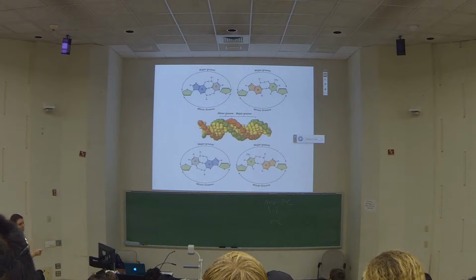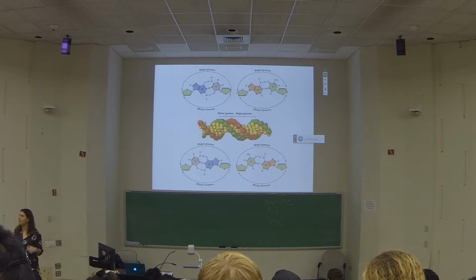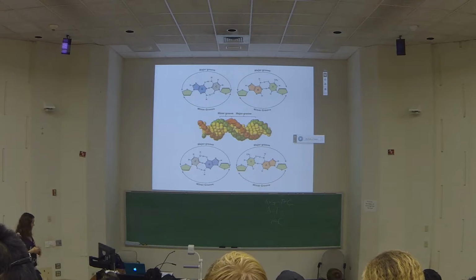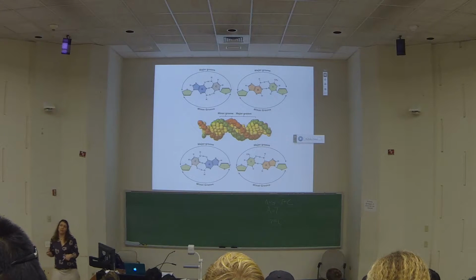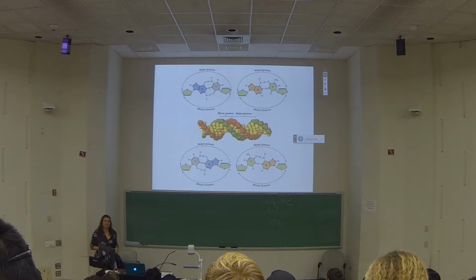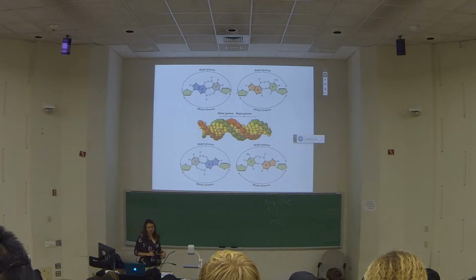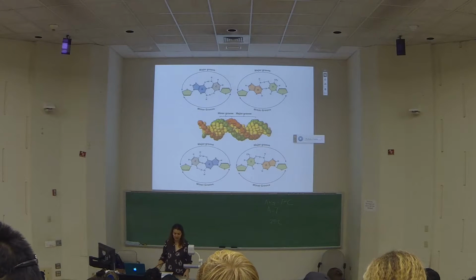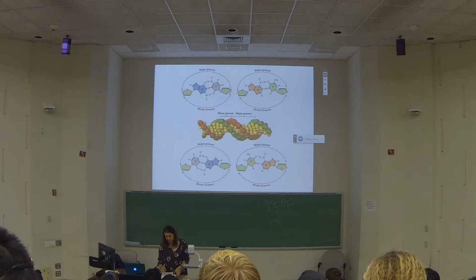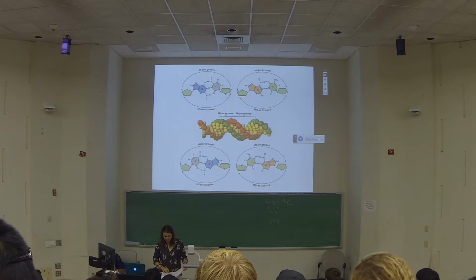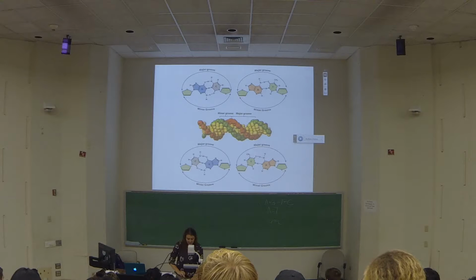Generally in the major groove, right? So we're going to start talking about proteins and interactions with DNA. There's more space in the major groove to bind, number one. But there's also a lot more information content. So let's take a look at that. What do I mean by information content?